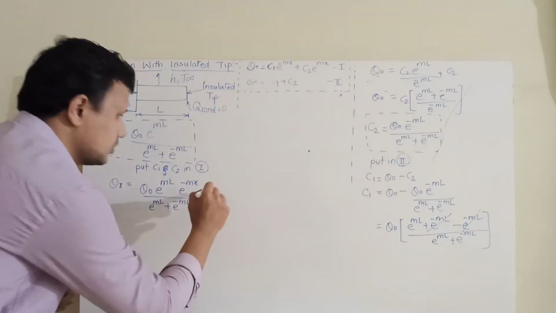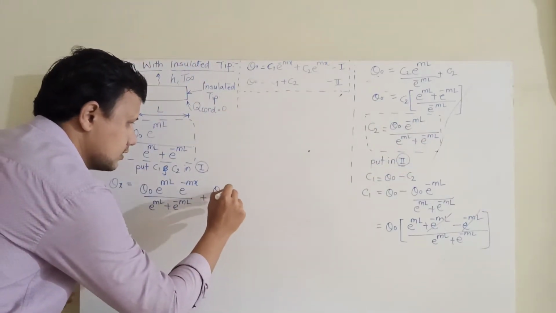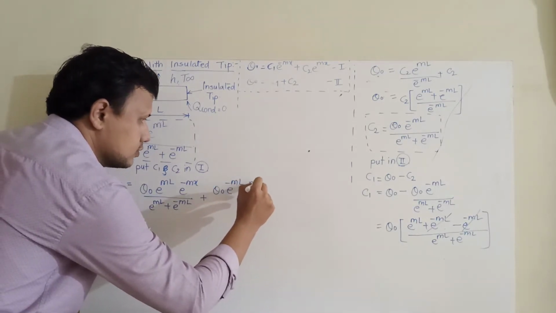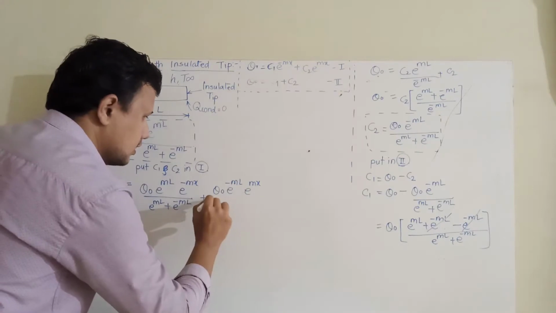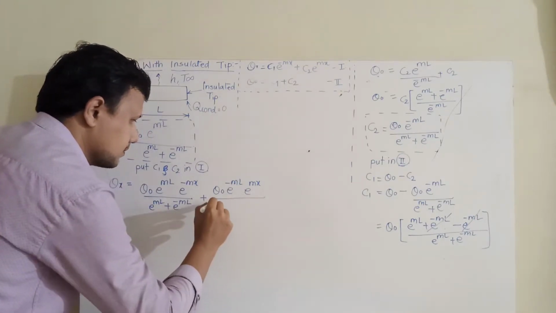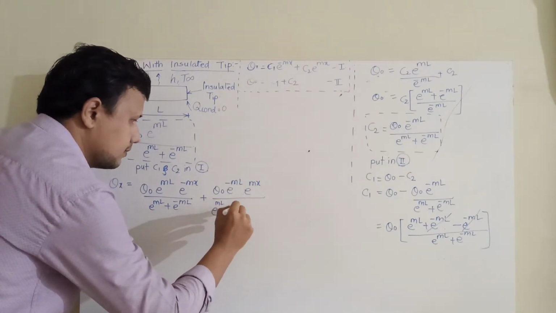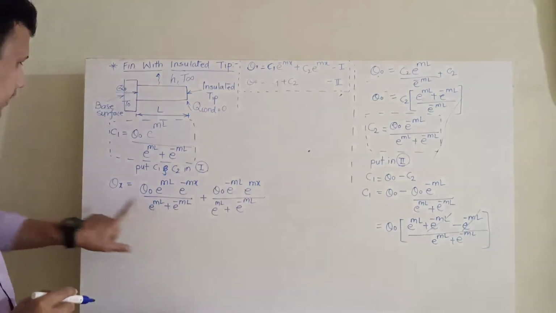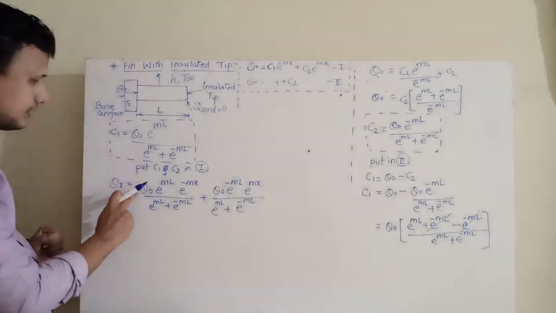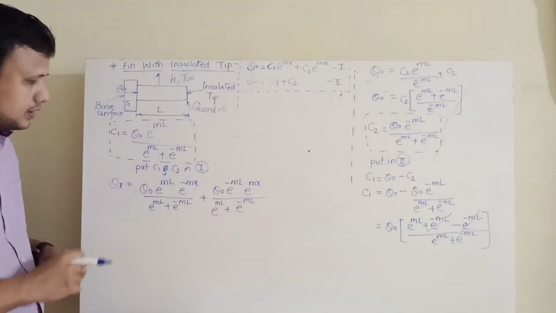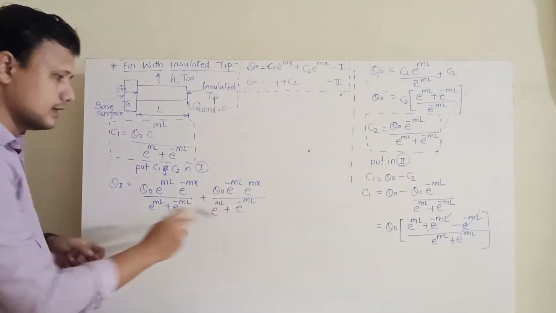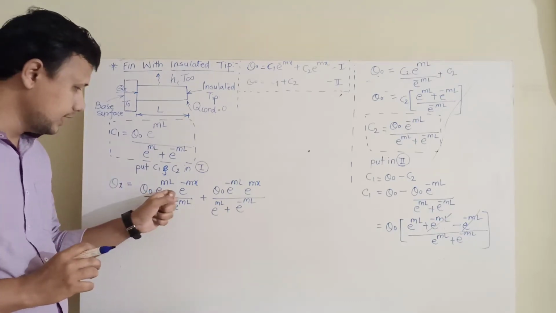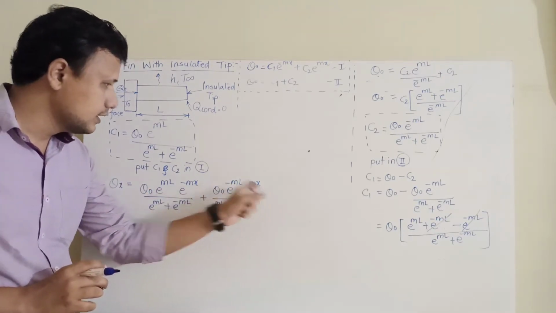So C2 is theta 0 e raised to minus ml multiplied by e raised to mx, divided by e raised to ml plus e raised to minus ml. So now we have our modified equation. We can take theta 0 common from both the terms, and also the denominator is the same. Okay. But more important than that, we have to deal with these terms in the numerator.